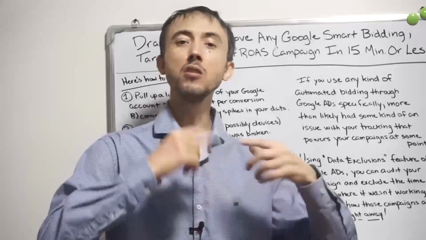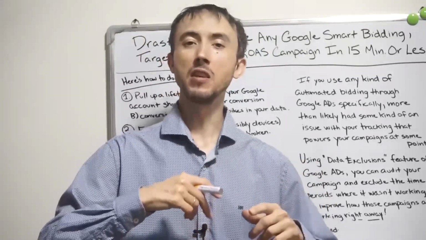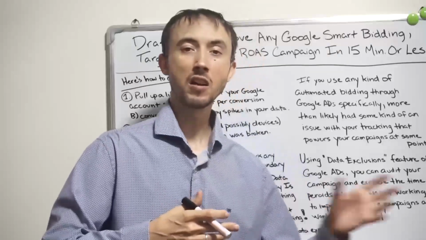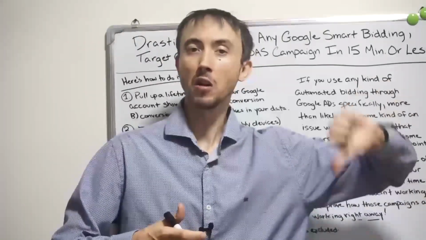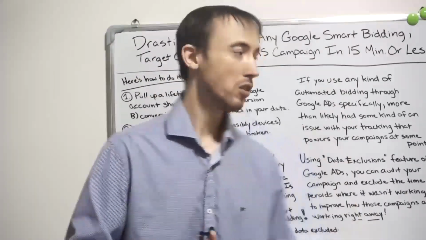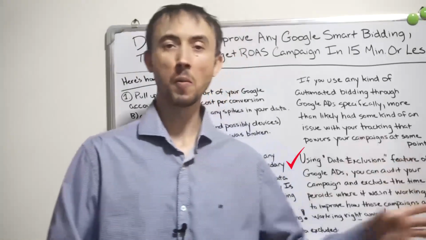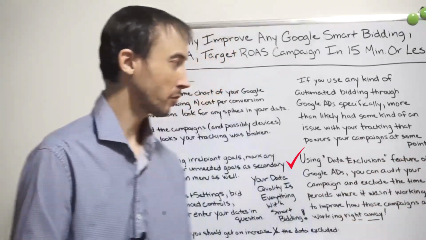And you can undo the algorithm getting confused and your performance going down. Your performance can go back up to where it was using something called data exclusions, which is a normal part of every Google Ads account.